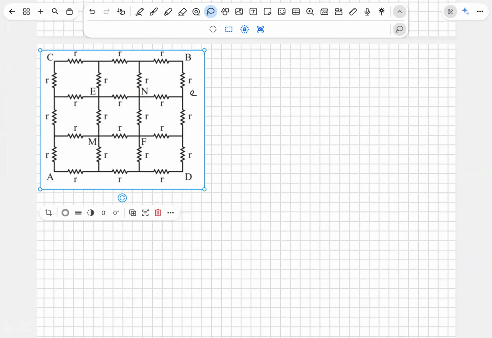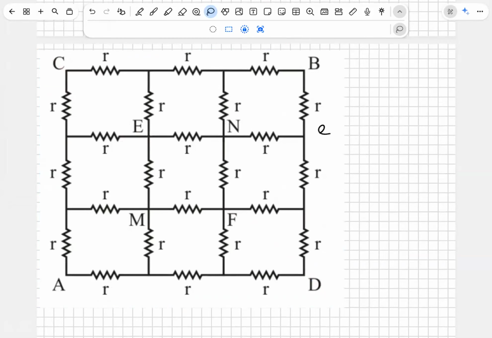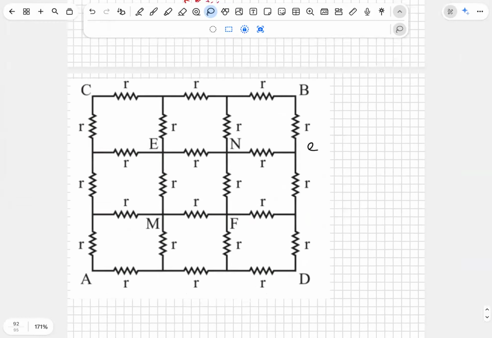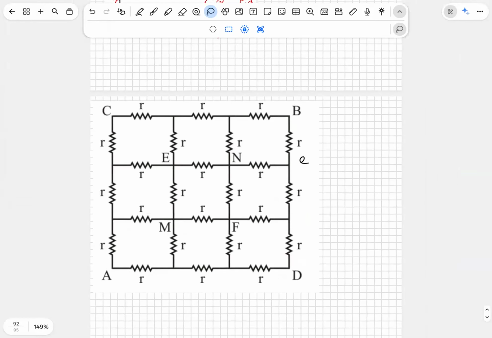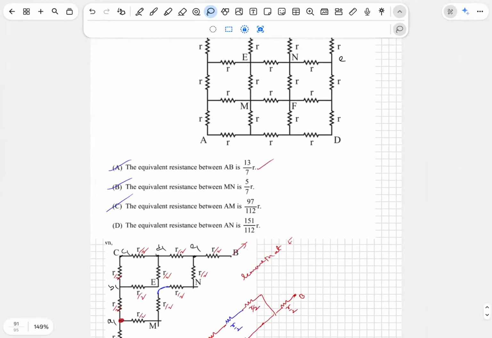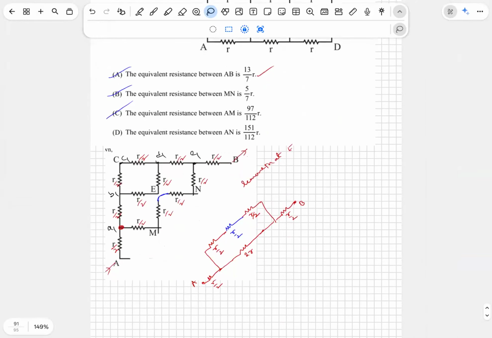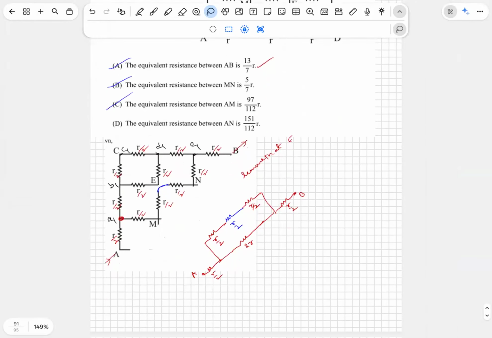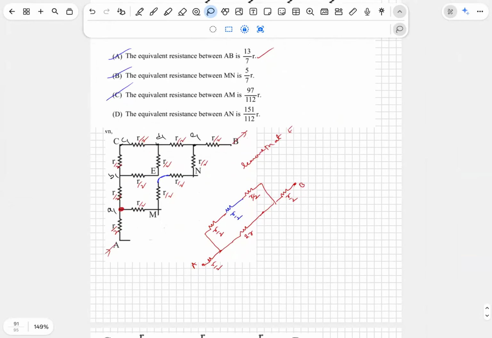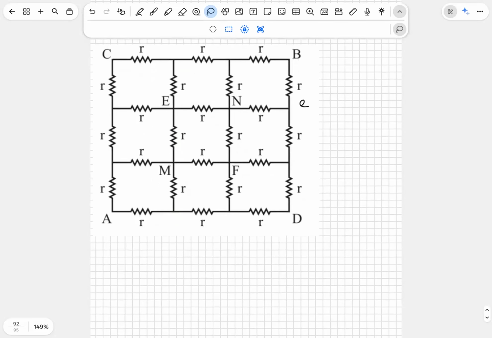Boys, now between M and N. Why? M current is entering, N current is leaving. Then how? You want the same diagram? Now you have removed some here.